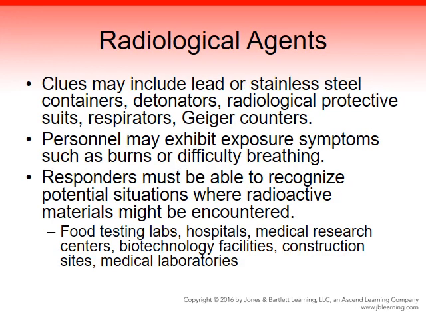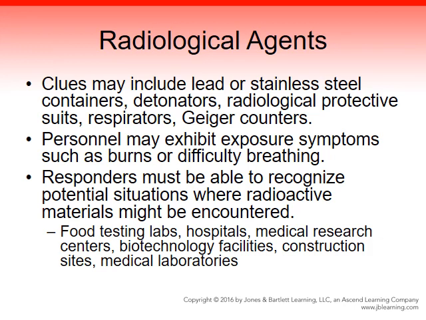Radiological agents. Have a trivia question for you guys. Who is the largest shipper of radiological material in the United States? And the answer would be FedEx, due to the amount of medical radiological equipment that they ship worldwide.